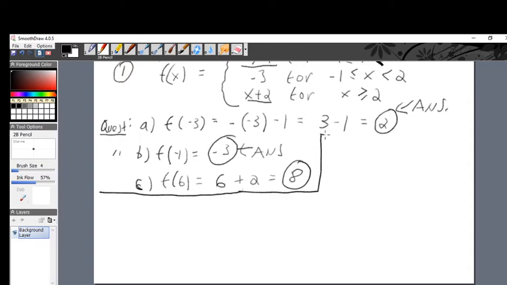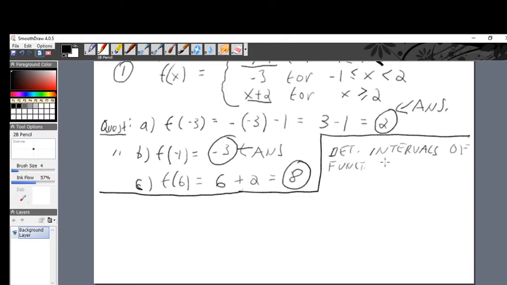The next topic is determining the intervals of a function where it is decreasing.